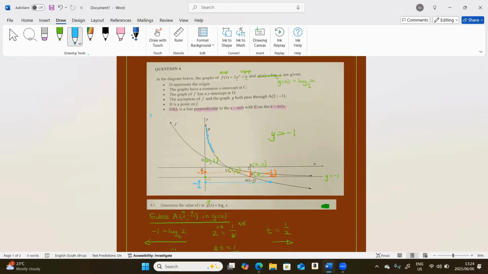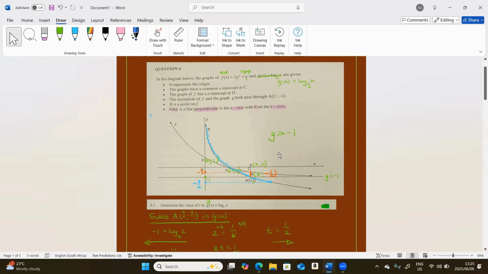Can you see? This portion of g over there. Not this portion of g over here, because this part of g will have y values which are lower than negative 3 over 2. So we don't want this, okay? So we want the x values for this blue part of my log function.